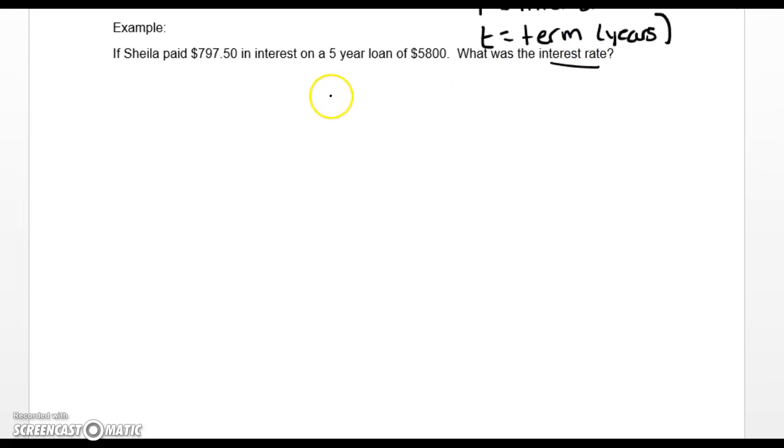This question is looking for the interest rate. Out of your formula, I = PRT, your interest rate is that R value. We don't know what R is, so in theory we should have the rest of the information. Looking back at the beginning, it says that Sheila paid $797.50 in interest, which tells us that's our I value.